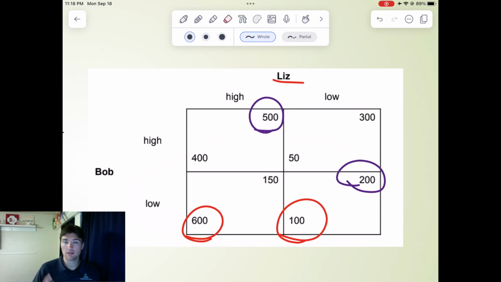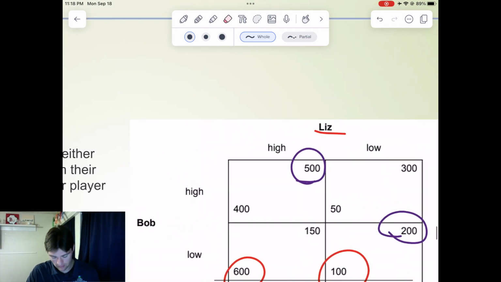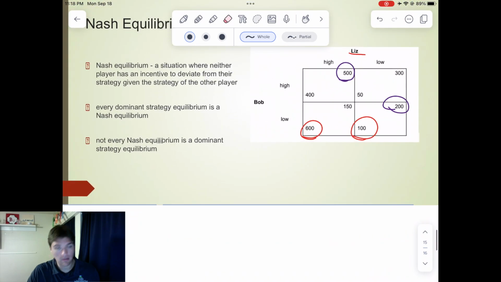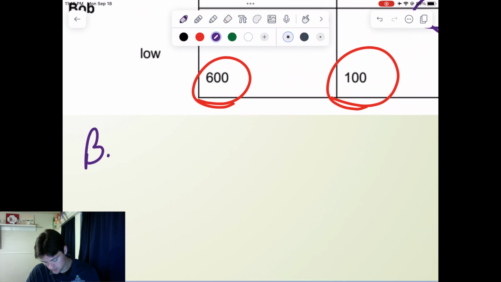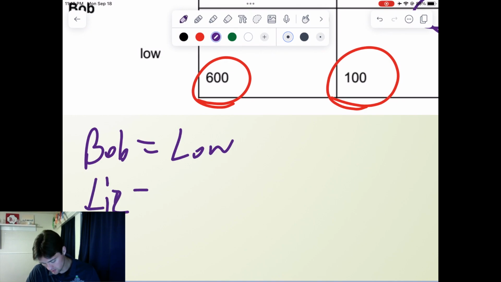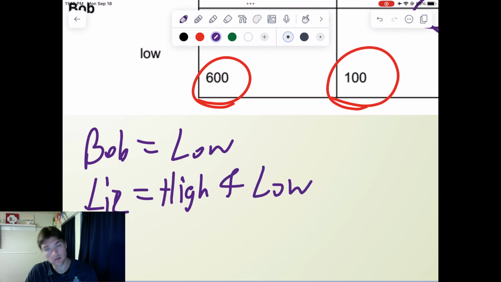What are you noticing about Liz now? Is that she is choosing high and low. So what about Bob? Bob is always choosing low. So Bob is going low, and then Liz goes high and low.